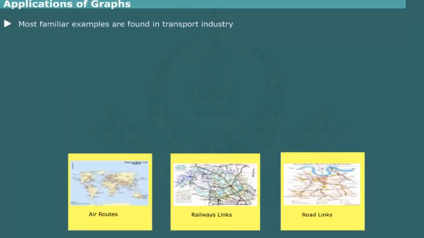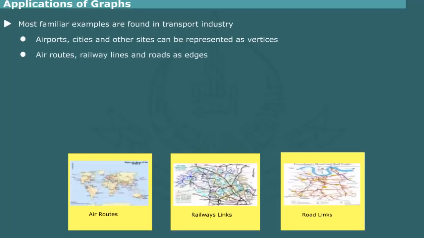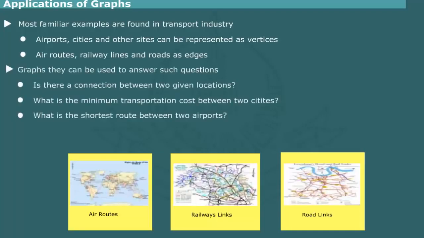The most familiar examples of graph applications are found in the transport industry. For example, airports, cities, and other sites can be represented as vertices, and the air routes, railway lines, and roads as edges. A graph can be used to answer such questions as: Is there a connection between two given locations?